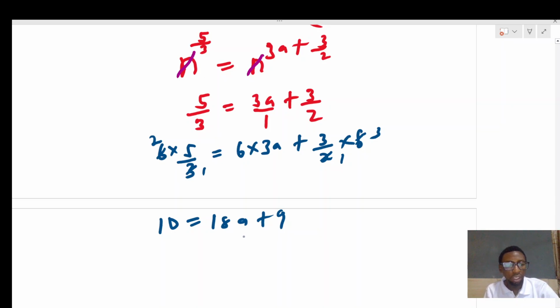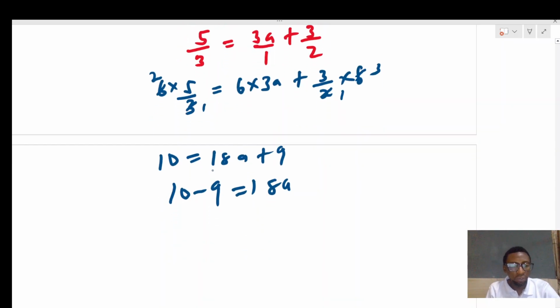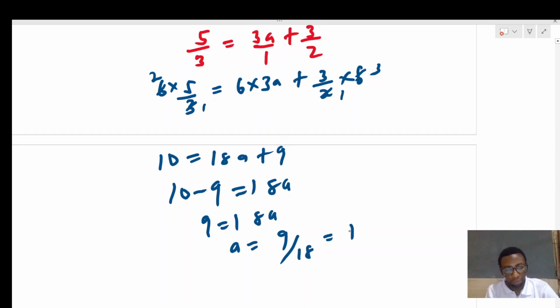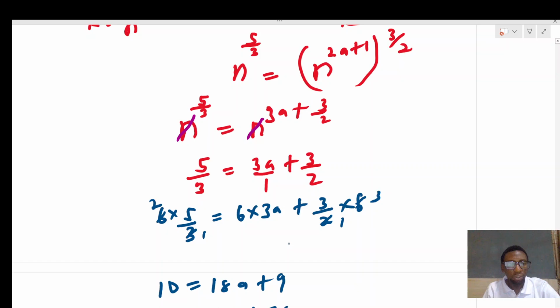So if I collect like terms, I have 10 minus 9 equals 18a. What is 10 minus 9? I have 1 equals 18a. So a equals 1 over 18. So that should be it.